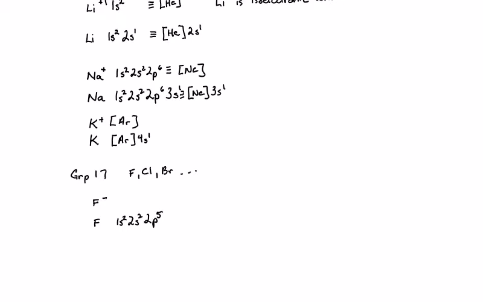If we look at F minus, its electronic configuration is 1s2, 2s2. We add that additional electron, it becomes 2p6. So here you can see that by adding that one additional electron, we're able to fill up that outer shell. This is the same as the electronic configuration for neon. So we can say that fluoride is isoelectronic with neon.